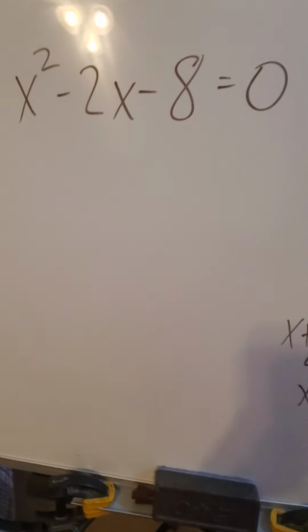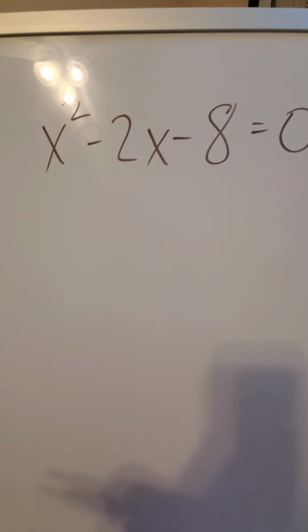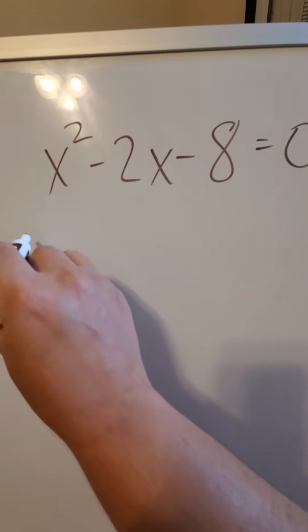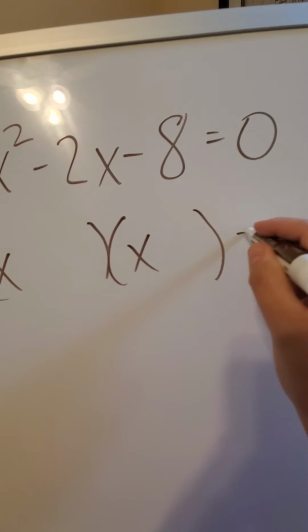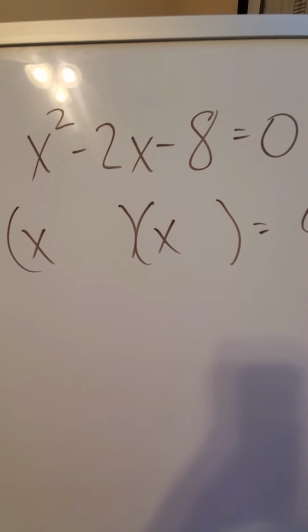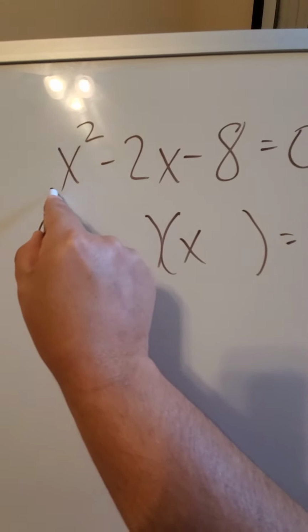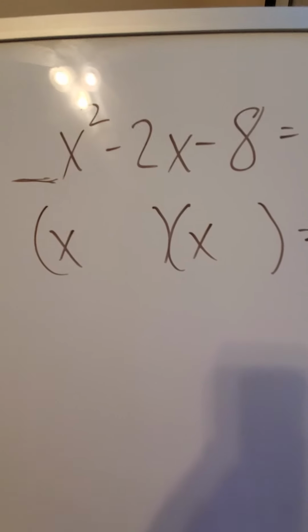So if you have this, that doesn't look like that. I have an x squared, okay? So now I've got to get it in the form of x something, right? I want it to look like the previous one. So this is not too bad because there's not a number other than the understood 1 in front of there, so it makes it real easy.